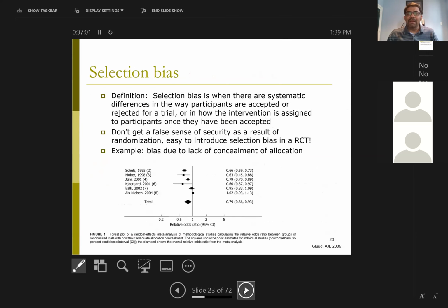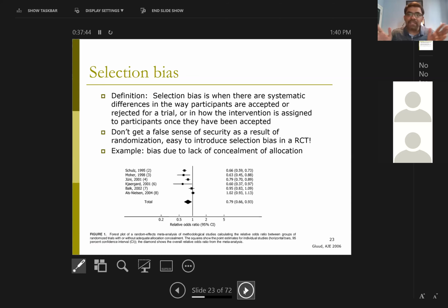So bias, we've already discussed it last class. You can have severe bias if concealment of allocation is not done correctly, right? If I start cherry picking who gets the vaccine, who gets the placebo, then I will cherry pick healthier, younger, potentially richer people and put them in the vaccine arm. Then the placebo is people who might be poorer, people who might be non-white, people who might be sicker, people who might be older, and then boom, I see a huge difference between the vaccine group and the placebo group, right?